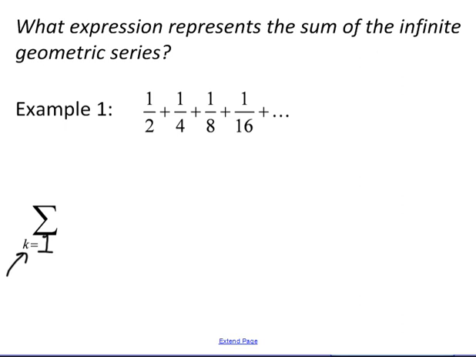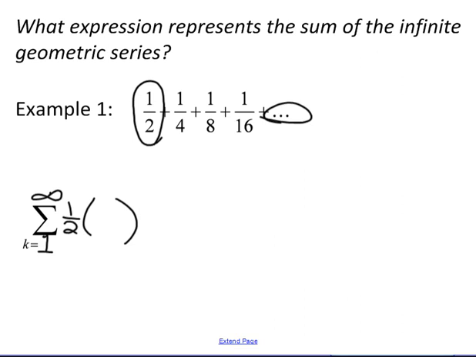This is infinite, you see how you have the dot dot dot, which means keep on going forever, so I need the infinity symbol on top. Alright, so let's see what we're going to put next to the sigma. The first thing we have to write is the first term. Well, the first term is 1/2. Parentheses, and the exponent is going to be k minus 1.